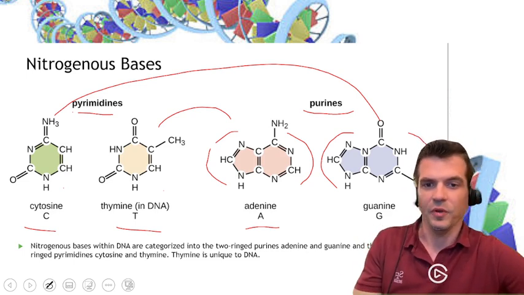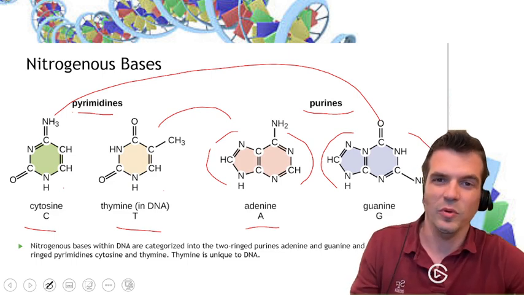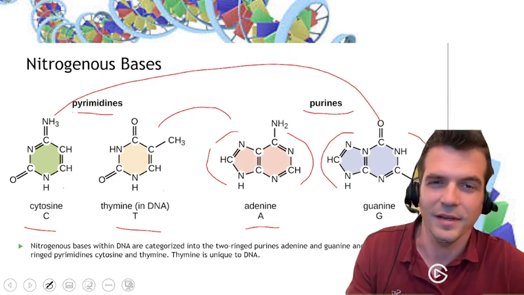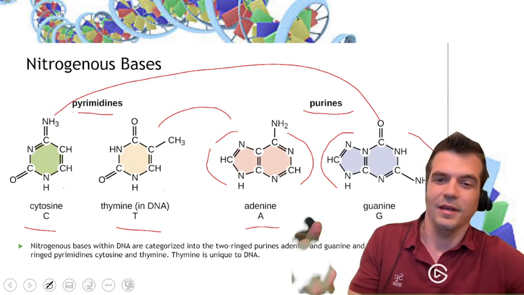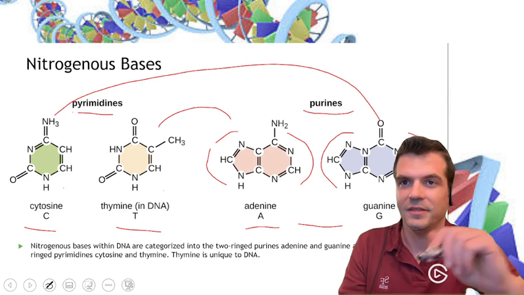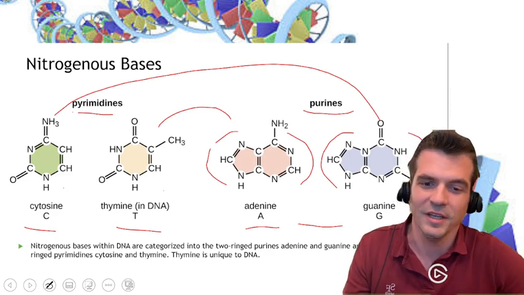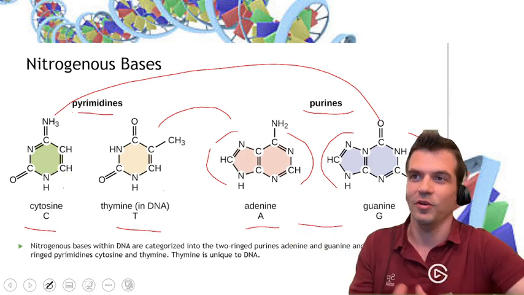Then I look at the name pyrimidine and I think, well, pyramids are complicated and complex, and it doesn't make sense that these complex guys are called purines when the pyrimidines look more pure.